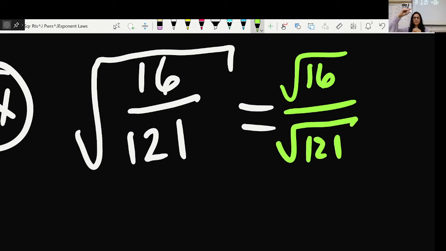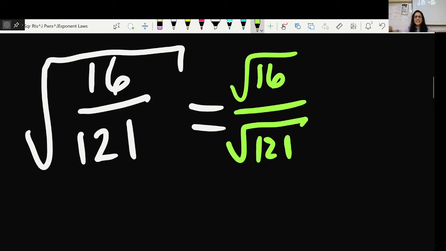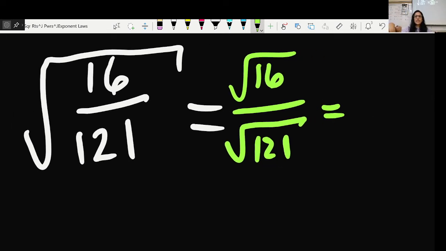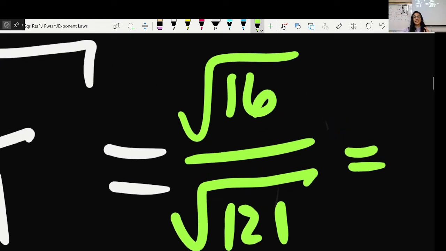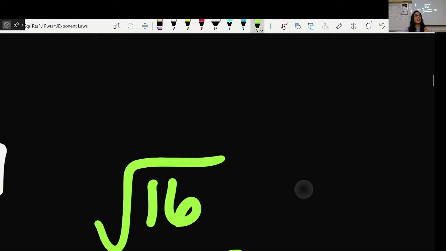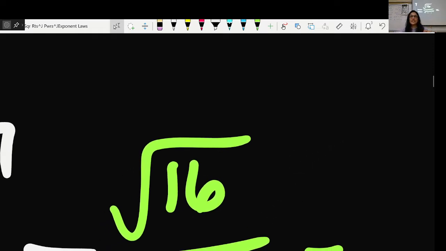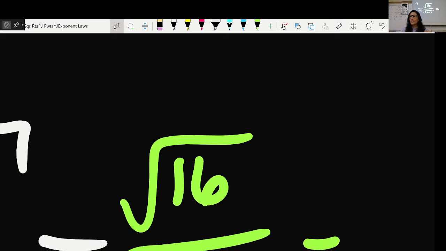So I could separate it and put root 16 over root 121, and then I could ask you, if we just had that root 16, what is the square root of 16? What would be the answer? Yeah, this would be 4.